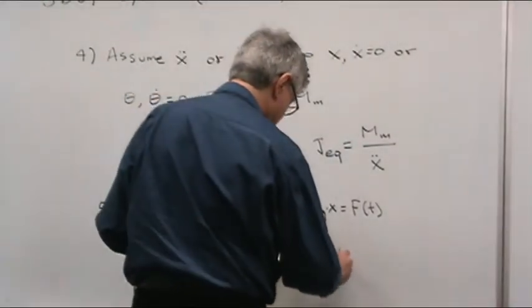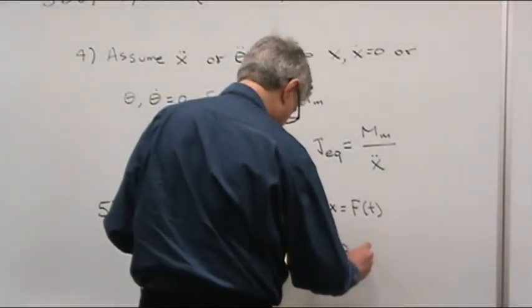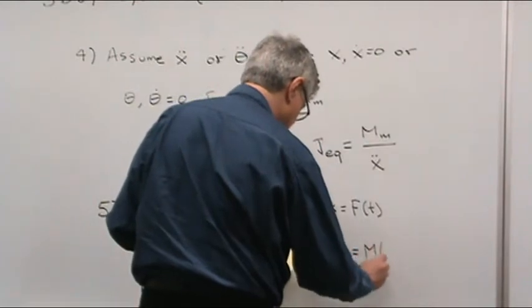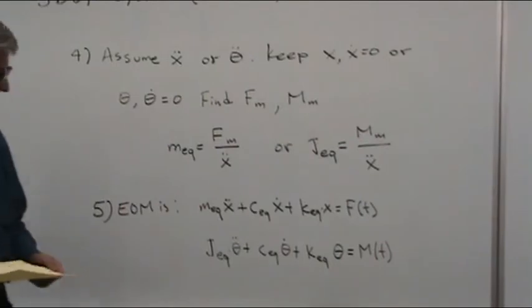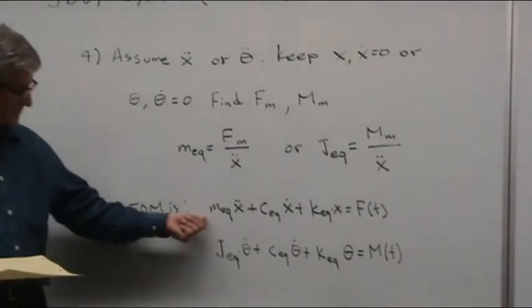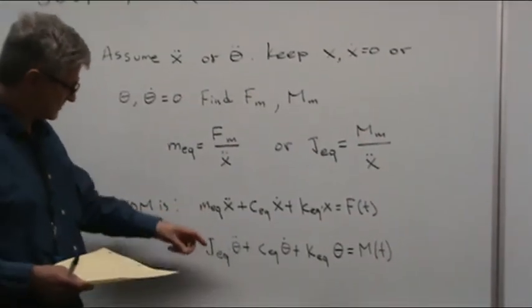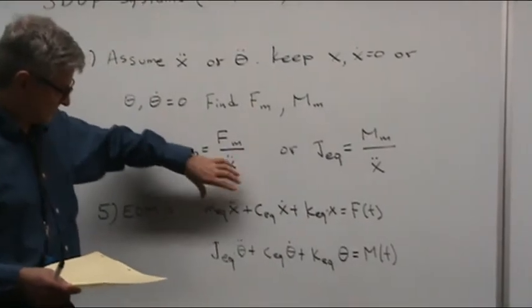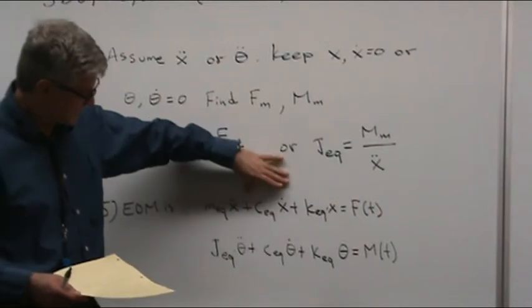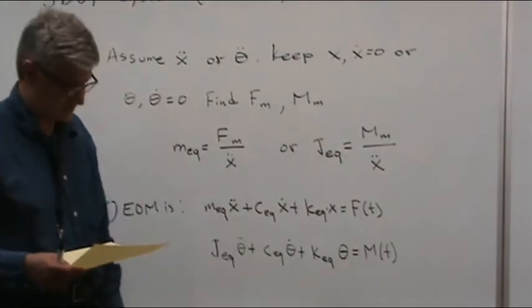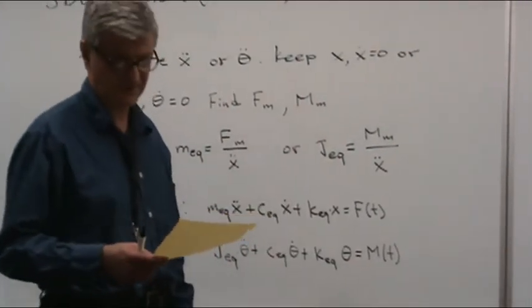So this is multiplied by theta, and this is the exciting moment. Okay, so that's the equation. So you divide the problem into three parts. First, you determine inertias, this term, damping, and then stiffness, the term that has to do with stiffness.